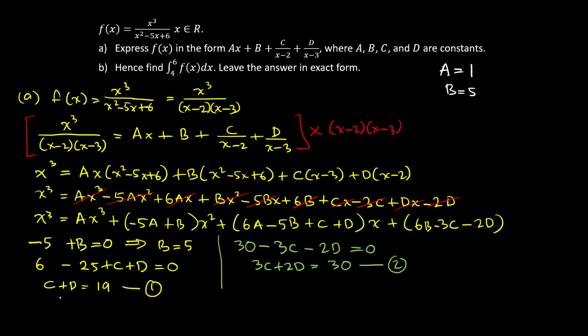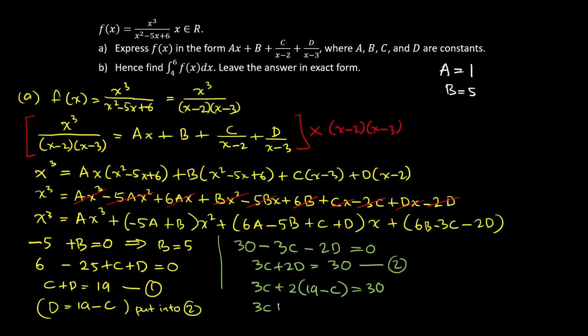I'm going to take equation 1 and put d on the left side. d is equal to 19 minus c. And we are going to put this into equation 2. So 3c plus 2d, where d is now 19 minus c, equals 30.